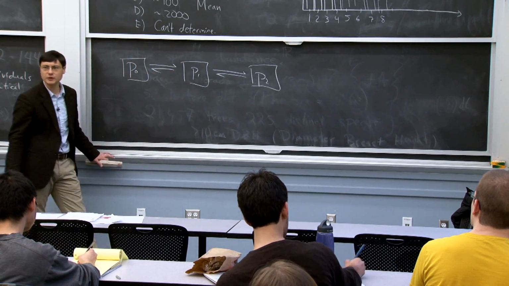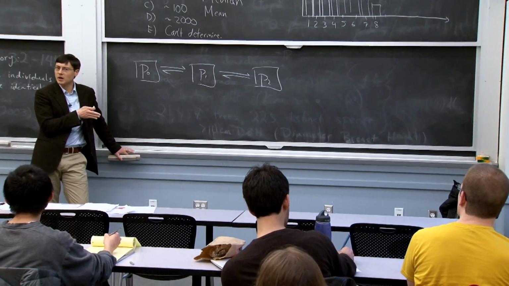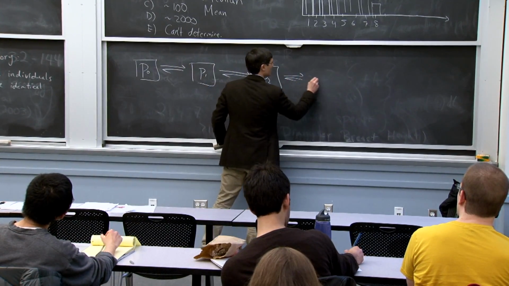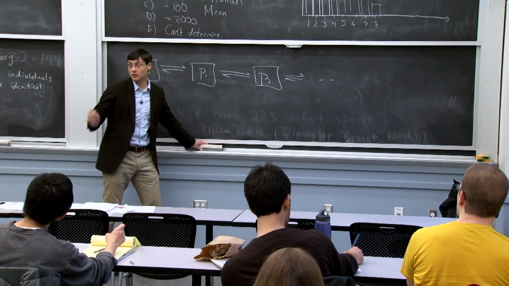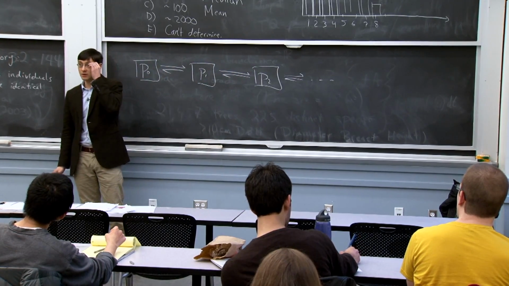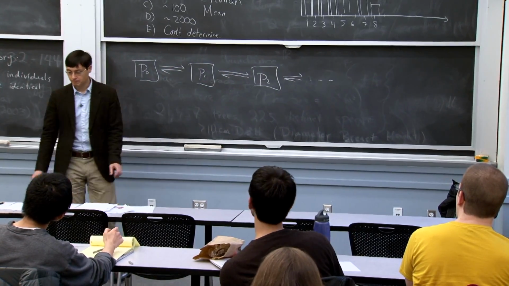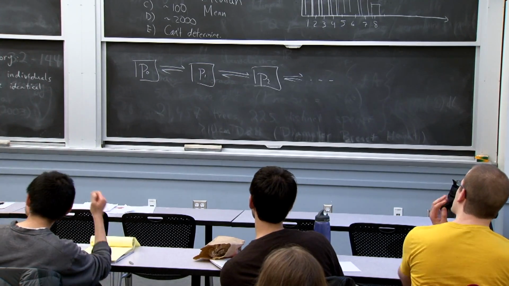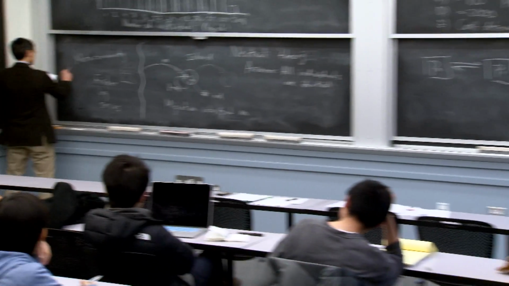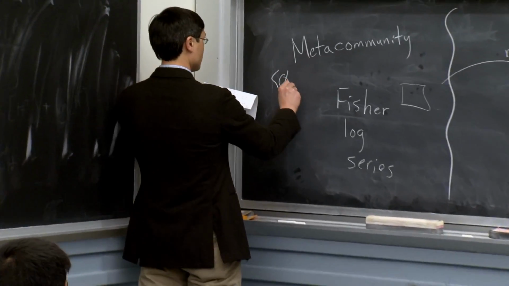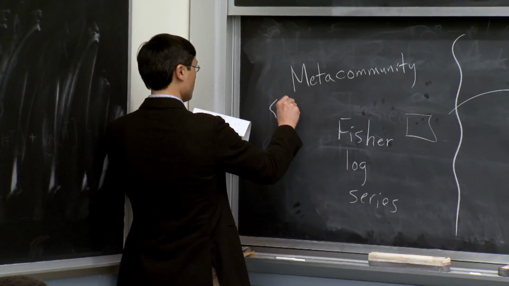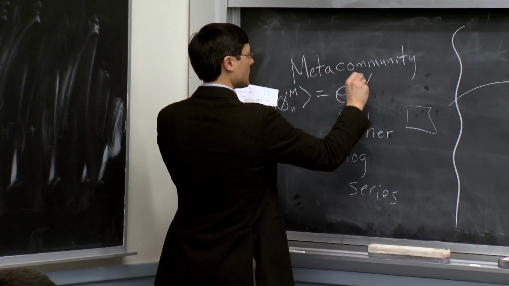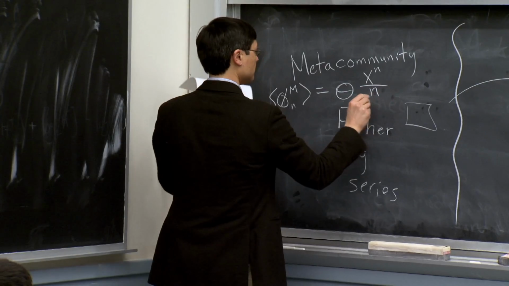What was the key difference between the mRNA model, which led to this distribution becoming Poisson, and the model that we just studied here, where it became a Fisher log series? And maybe I'll write down what the Fisher log series is. This is the expected number of species with n individuals in the metacommunity. It was the Fisher log series: some theta x to the n divided by n.